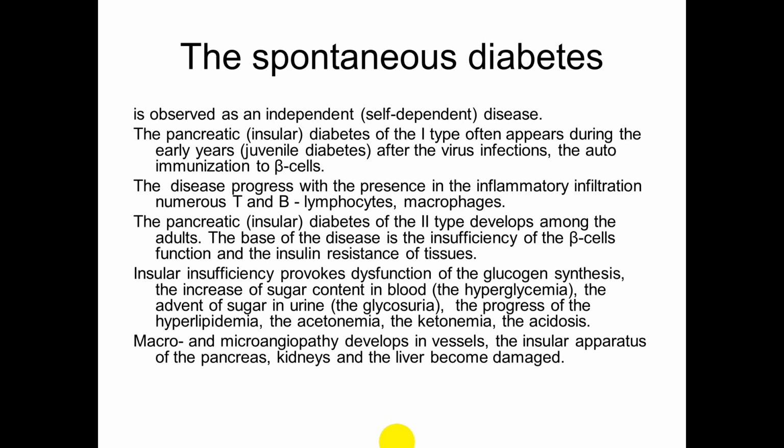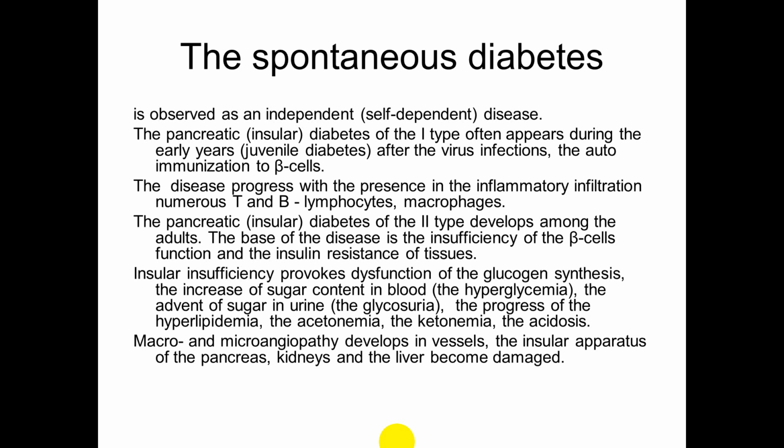The pancreatic insular diabetes of the first type often appears during the early years, juvenile diabetes, after a virus infection, with autoimmunization to B cells. The disease progresses with the presence in the inflammatory infiltration of numerous T and B lymphocytes and macrophages.